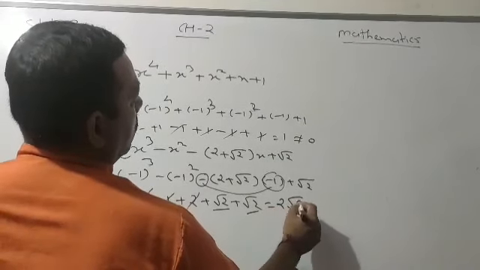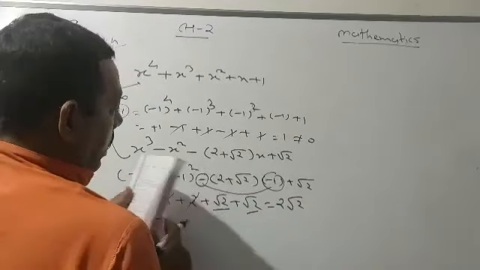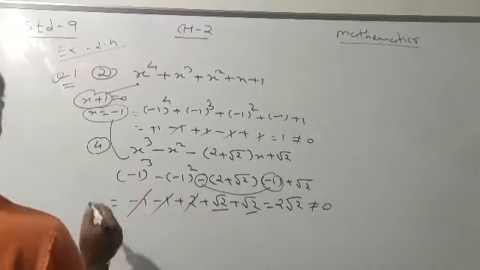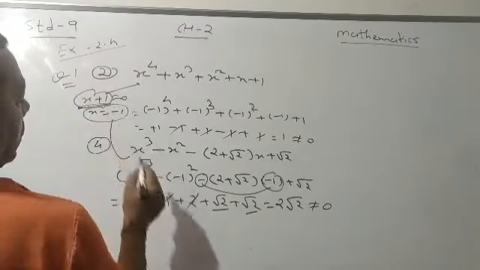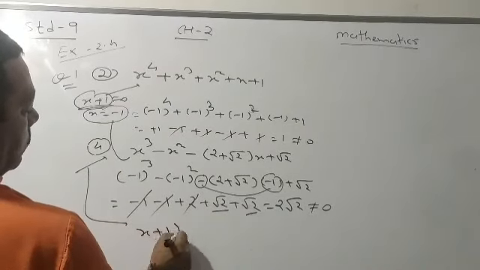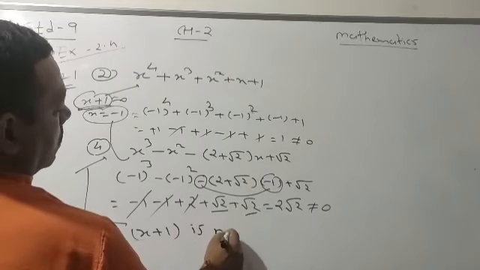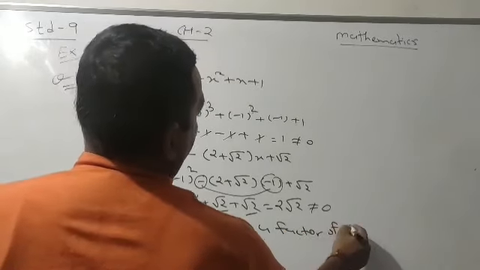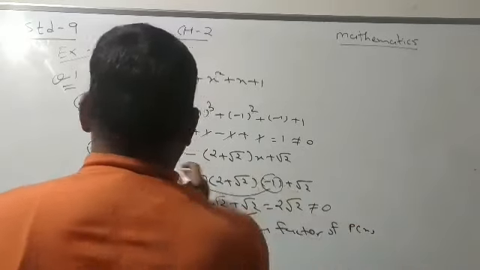You see 2 times root 2. Right. So because 2 times root 2 is not 0, we can say that x plus 1 here for question number 4, x plus 1 is not a factor of px, that is this polynomial.